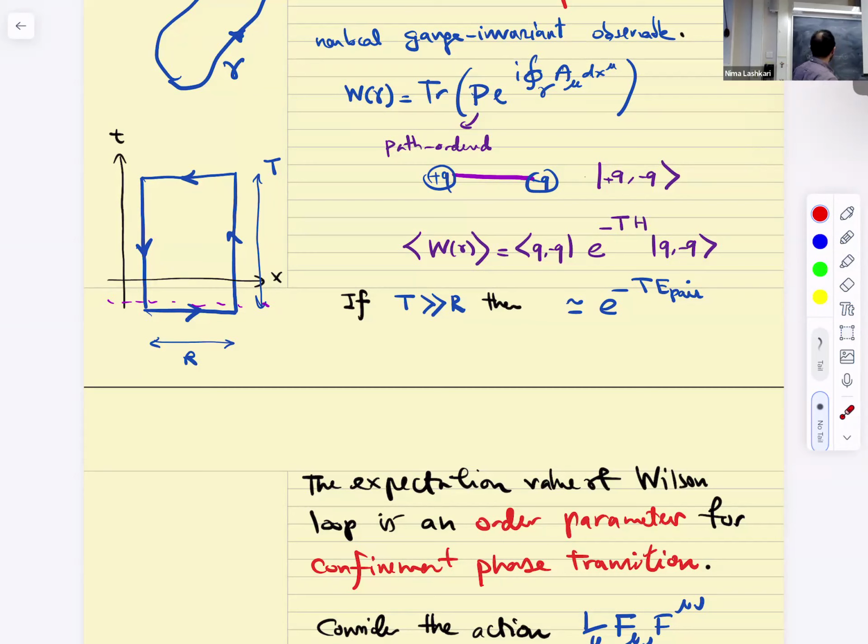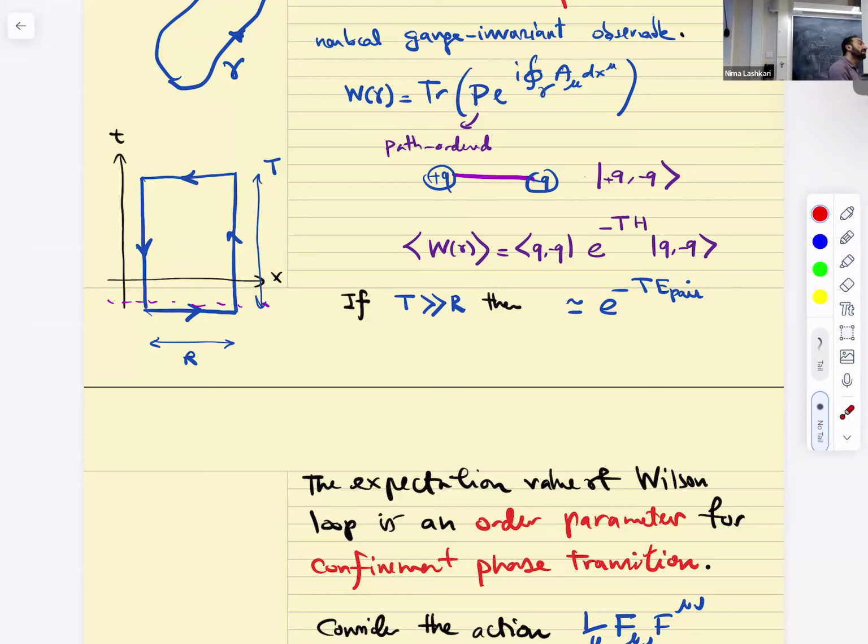Below, this will actually lead to something that's called the perimeter law. In the Wilson loop, the value of the Wilson loop will be proportional to this perimeter, this length.